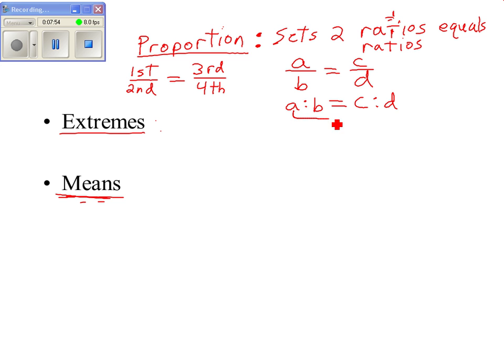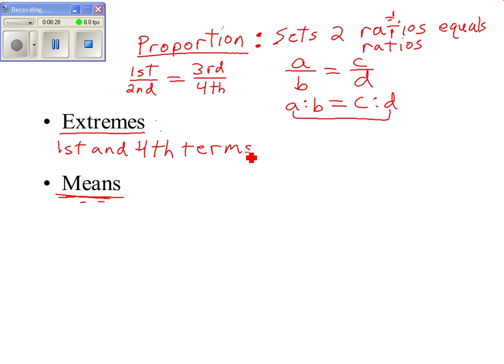A and D are your extremes. So which terms are A and D? Does that make sense? The first term and the fourth term, those are the outside ones, and that's what extreme means, right? Outside the normal. So first and fourth terms are your extremes.